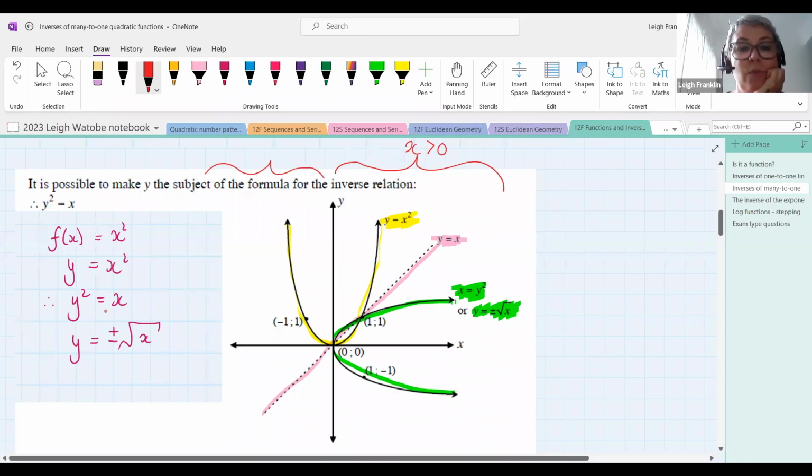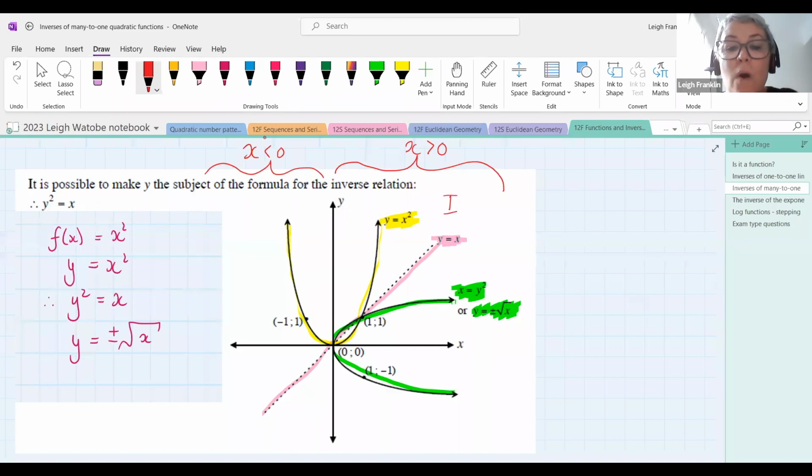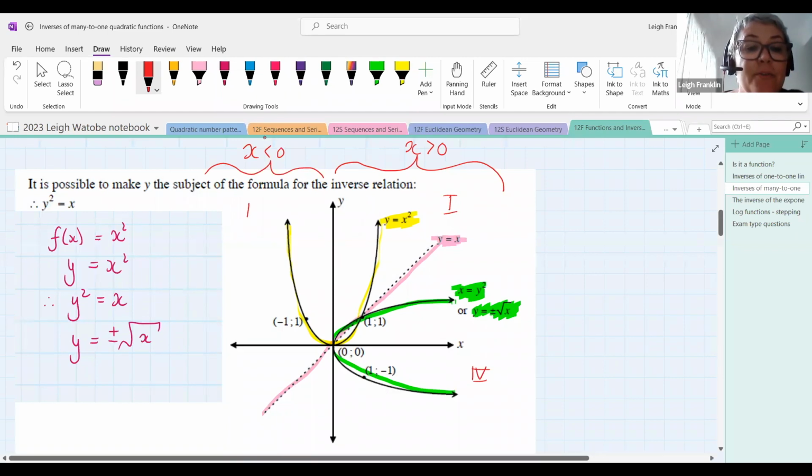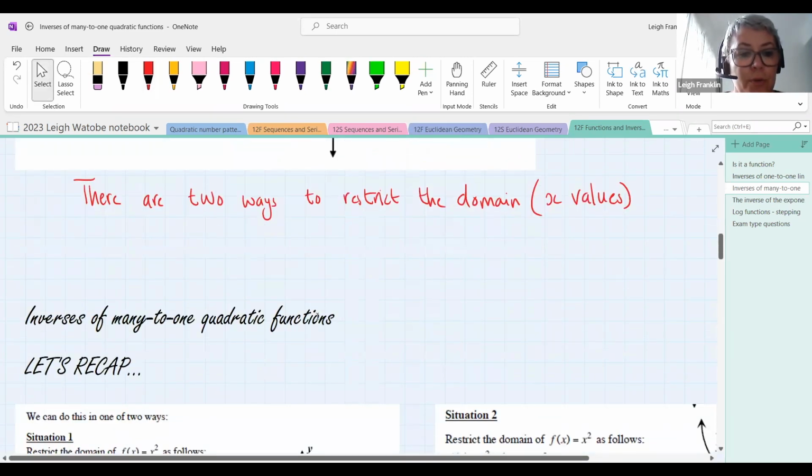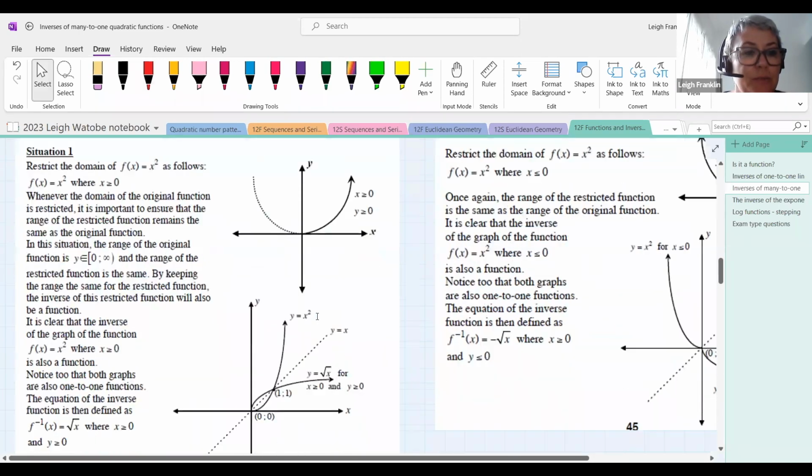To the left of the y-axis, this region, is where x is negative. So in other words, x is positive in quadrants 1 and 4. x is negative in quadrants 2 and 3.